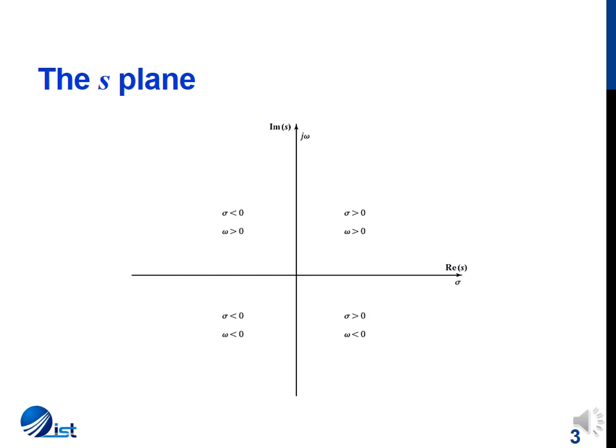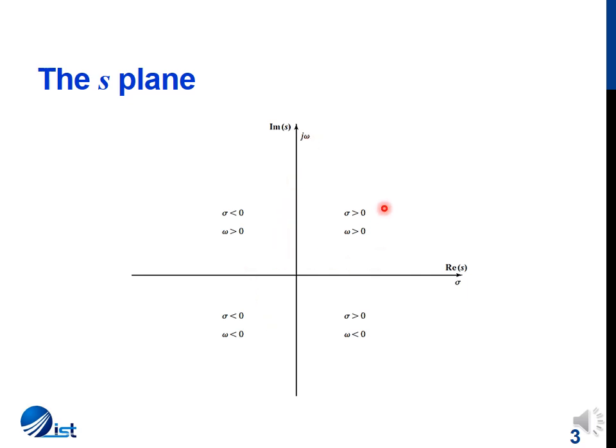So how does the s-plane look? Since the s-plane is a complex plane, it has a real axis and an imaginary axis. The real axis is the sigma axis and the imaginary axis is the j omega axis. All complex planes are divided into 4 quadrants.